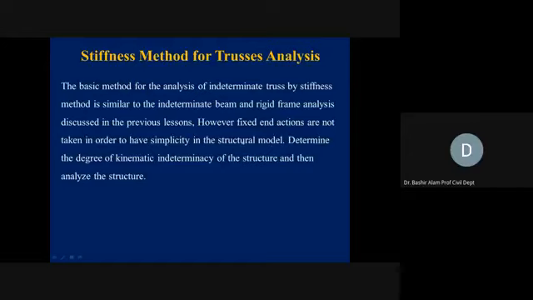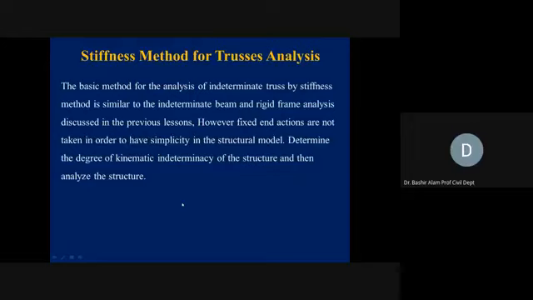Because its effects are going to be negligible. Determine the degree of kinematic indeterminacy of the structure and then analyze the structure. So again, it's a stiffness method. So kinematic indeterminacy, which is the degree of freedom, we will be looking for. And then we go and analyze the structure by following those now standard steps.